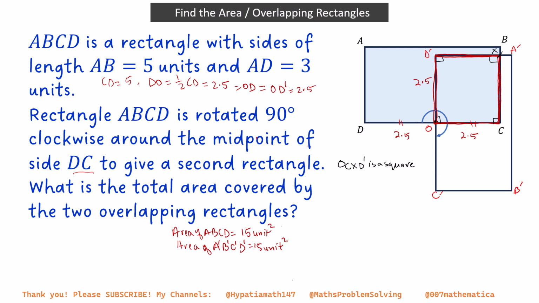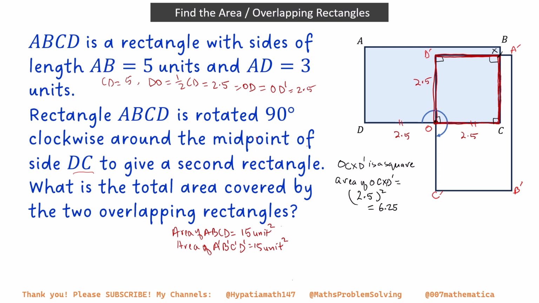So length and width are equal, so that's a square. That would mean the area of OCXD dashed would be 2.5 squared, and that is 6.25.